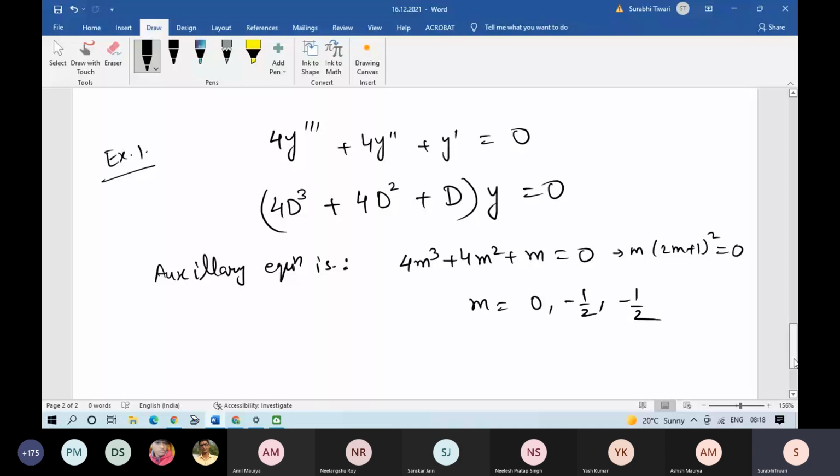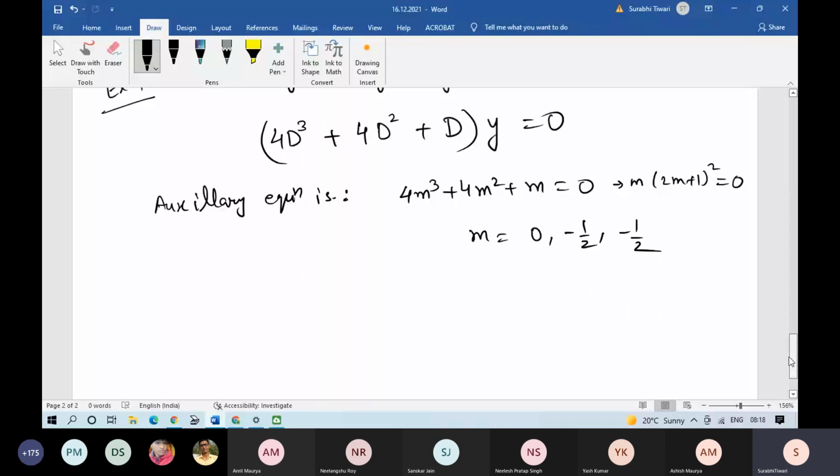So what is the complementary function? Now this is a homogeneous equation, so the solution will be the complementary function. This will be c1, since this root is 0, e raised to the power of 0x, plus, since these two roots are equal, (c2 plus c3x) e raised to the power of minus half x.